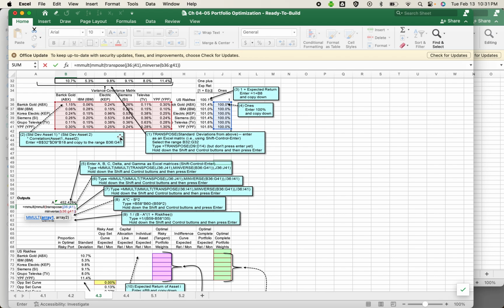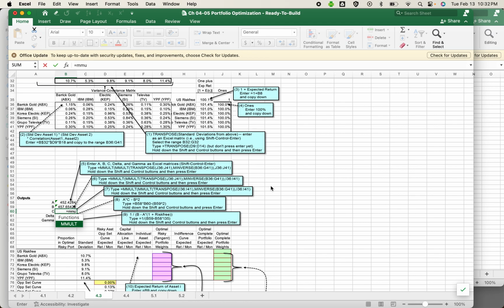Close parentheses. And for my second one here, I have I36, I41. Closed. Okay, excellent.